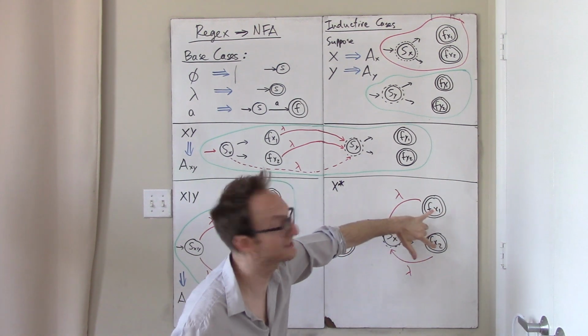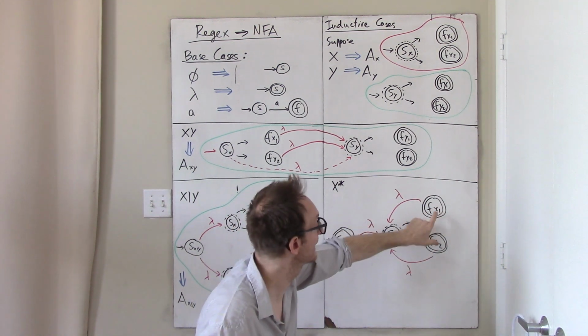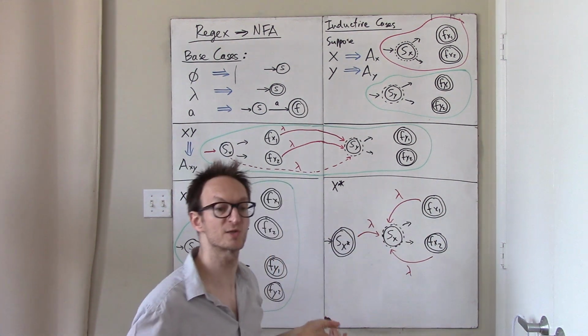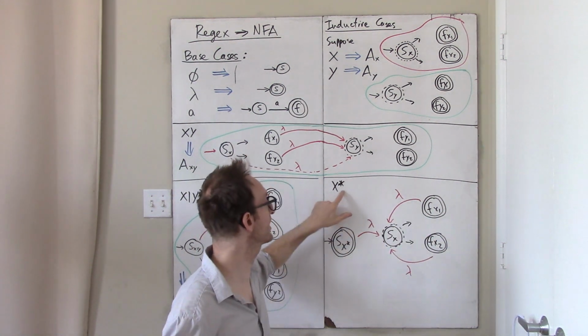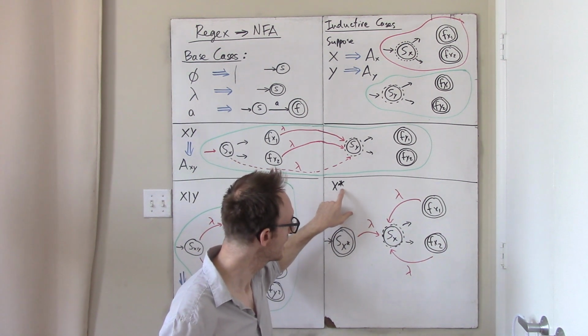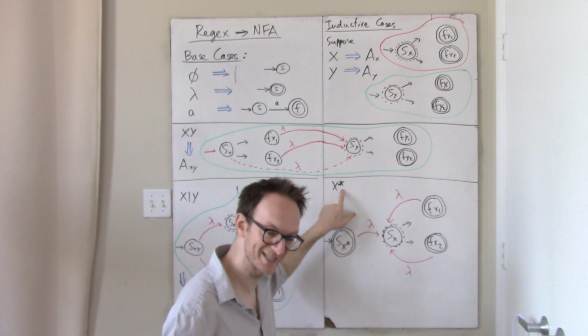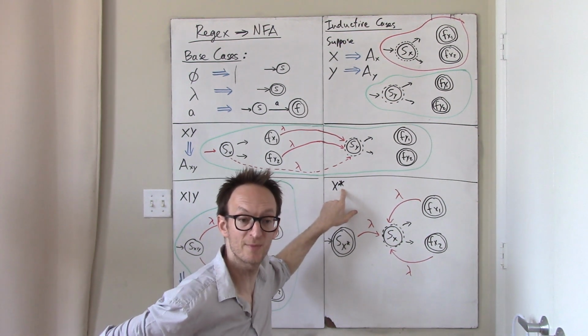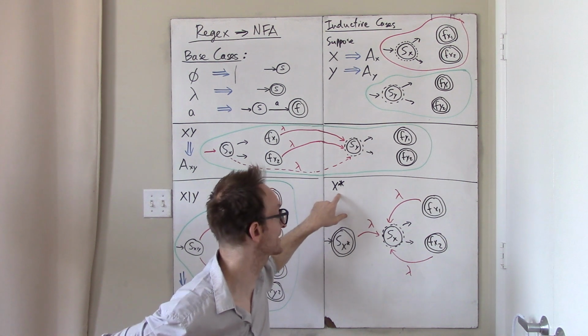But now, instead of accepting that string as is, we lambda back. First of all, one thing x star matches is just x, right?